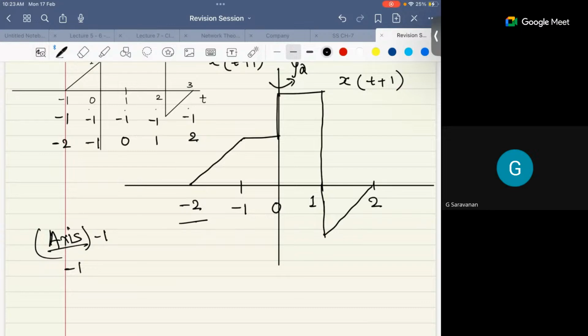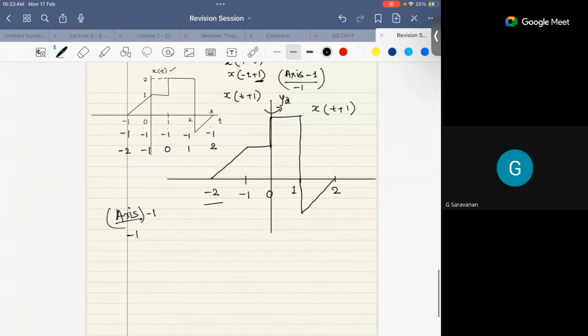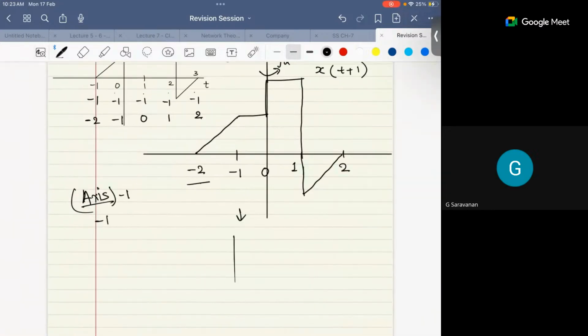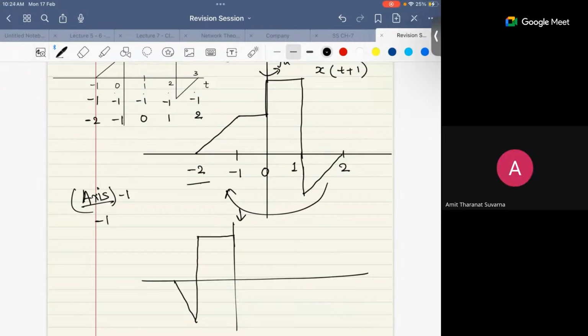If you try to plot it, this will go here. Basically, mirror image. Yeah, correct, mirror image. And this value will be coming here: minus 2, minus 1, 0, 1, 2. Okay.